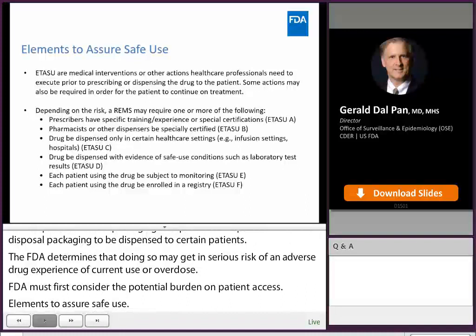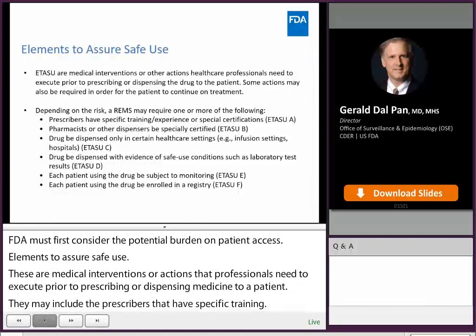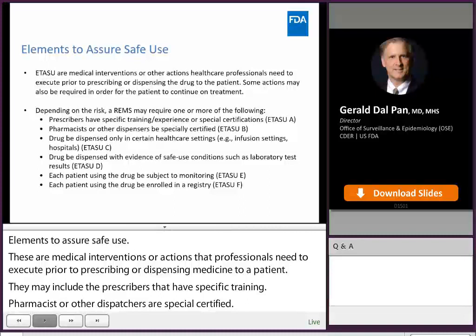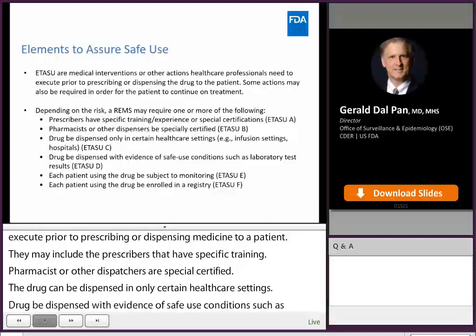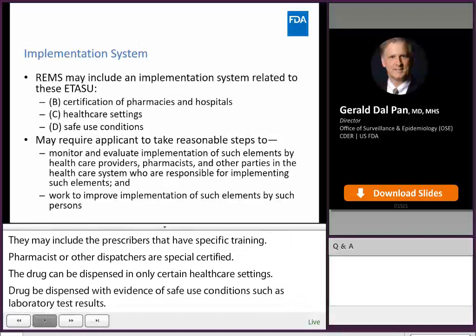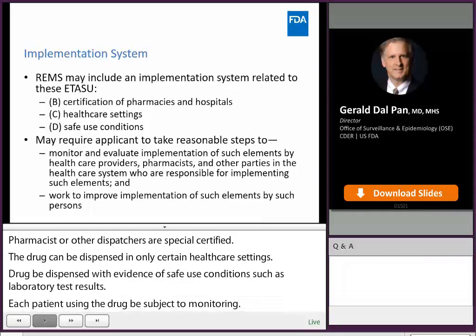They may include the requirement for prescribers to have specific training, experience, or certification, pharmacists or other dispensers be specially certified, the drug be dispensed only in certain healthcare settings, the drug be dispensed with evidence of safe use conditions such as laboratory test results, each patient using the drug be subject to monitoring, and each patient using the drug be enrolled in a registry. An implementation system is also required when certain elements to assure safe use are in place.